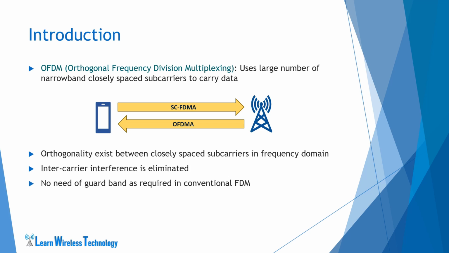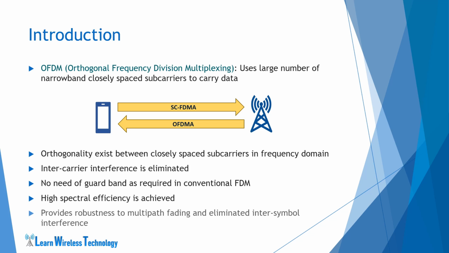And since the OFDM feature allows the subcarriers to be closely spaced without any interference, there is also no need for the guard band between the subcarriers, which would be necessary in case of a conventional FDM system. The main benefit of this feature is that a high spectral efficiency is achieved. OFDM also provides robustness to multipath fading, and it also supports in eliminating intersymbol interference.